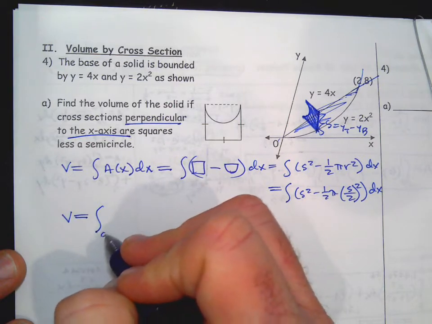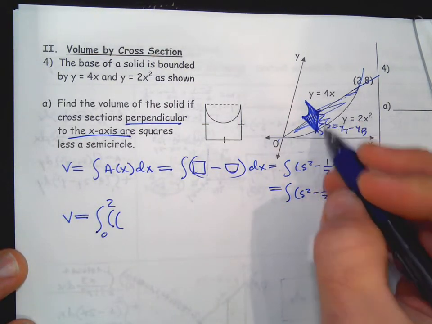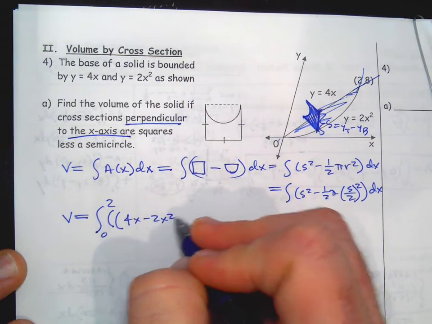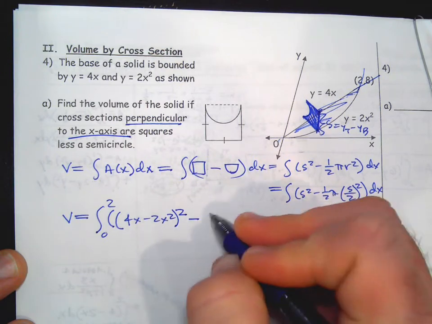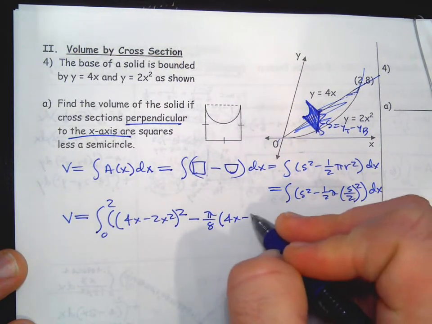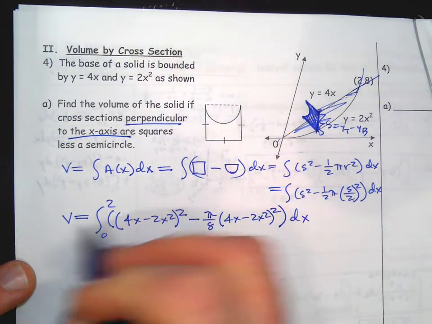Now, we're integrating the x direction, 0 to 2. So the side's y top minus y bottom in terms of x. So it's 4x minus 2x squared minus pi over 8, 4x minus 2x squared, close parentheses on the whole thing. That's your setup.